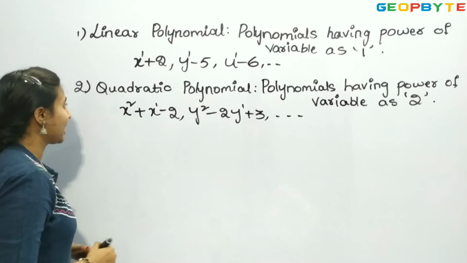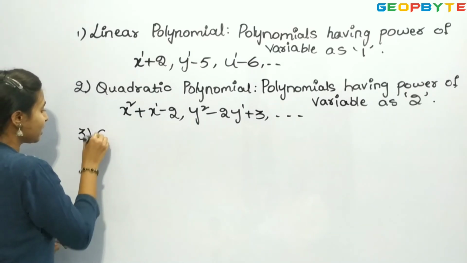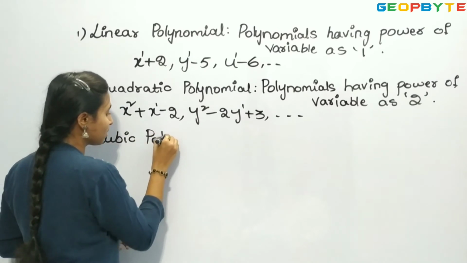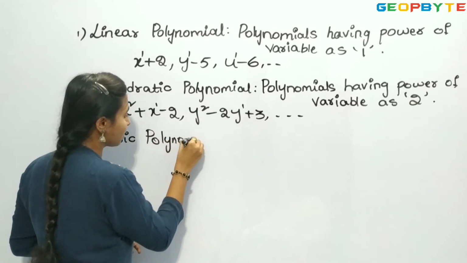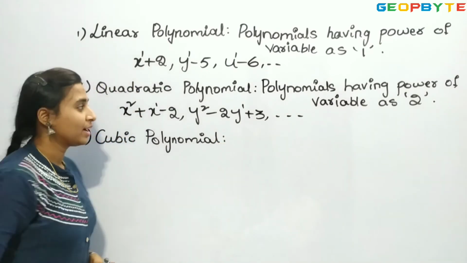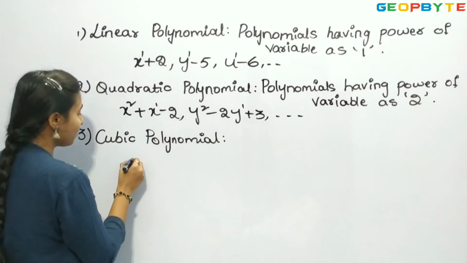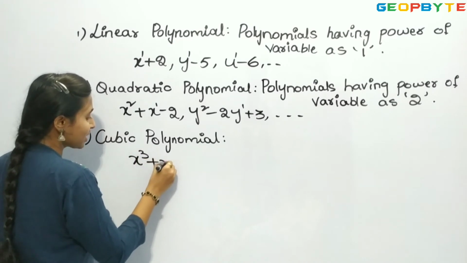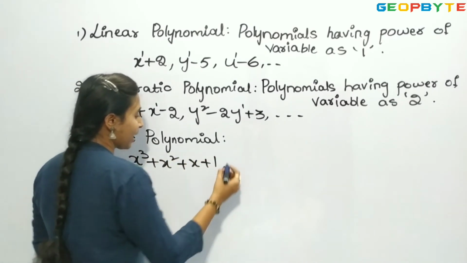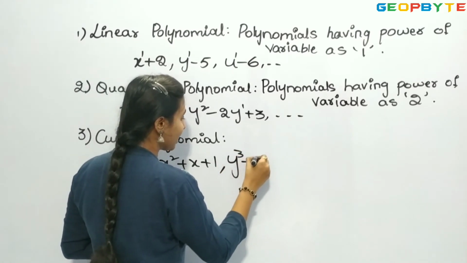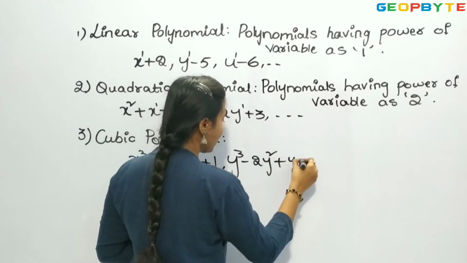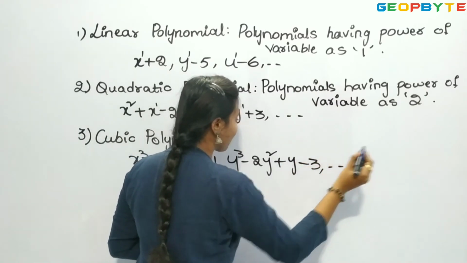Now let us see the next type, that is cubic polynomial. Let us take some examples. x cube plus x square plus x plus 1 and y cube minus 2y square plus y minus 3.